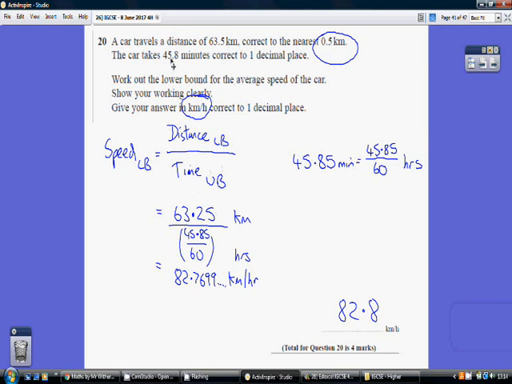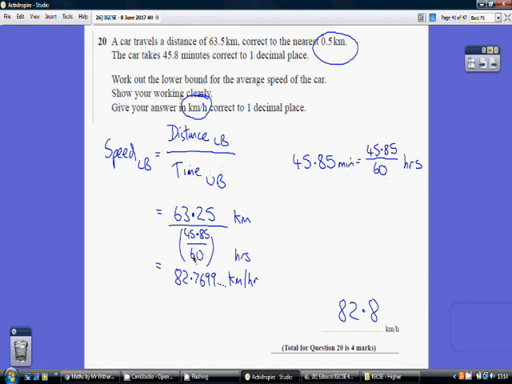Now the upper bound of time, given this is to one decimal place, it's going to be 45.85 minutes, but I need to convert this into hours, so I'm dividing this by 60 because I'm working in hours. So my time is going to be 45.85 minutes, divided by 60 to convert this into hours.